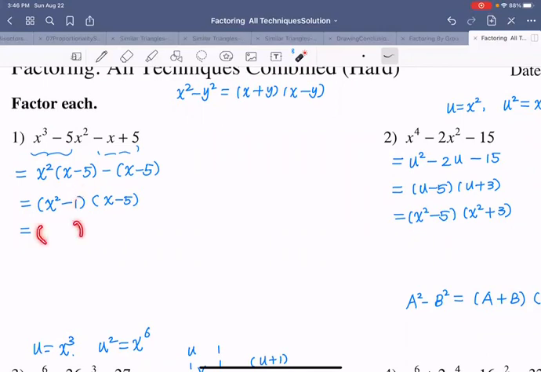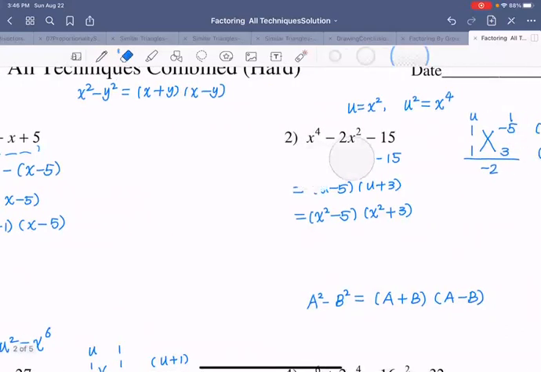So this will be something times something. Who is that? (x plus 1) times (x minus 1), and then times (x minus 5). Okay, nice. Very good. Actually, you improved a lot. I'm very happy for your progress.